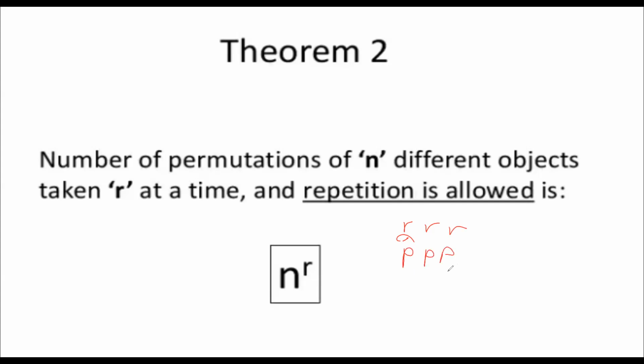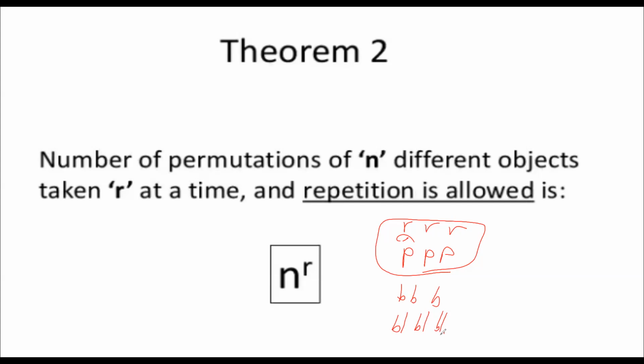These weren't in the original problem because repetition wasn't allowed. Then blue, blue, blue, and black, black, black. So that would cause more possibilities, more arrangements, if you can repeat flags.